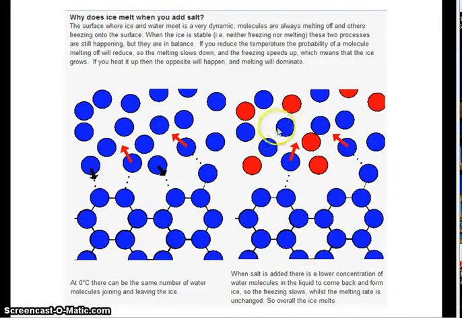And all these other liquid molecules over here at the top of this slide are crashing into each other, but they're also crashing into the salt ions. And so those particles disrupt the crystalline structure of the water. And even at 0 degrees Celsius, that disruption results in liquid water more than solid water.